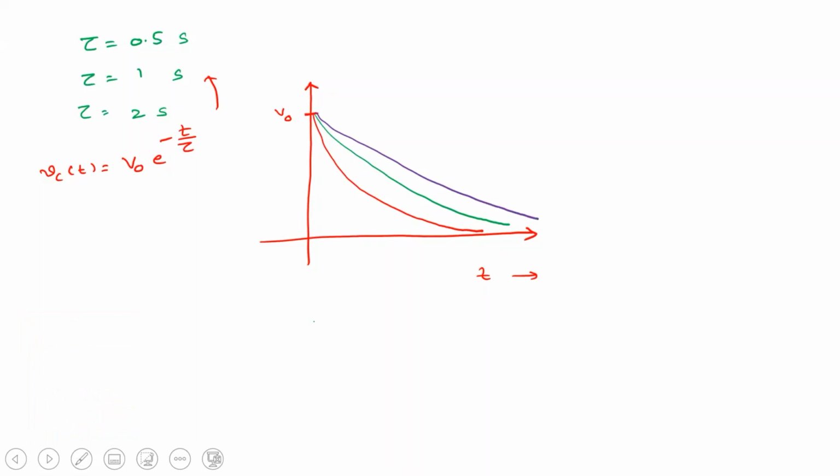Now tell me, which corresponds to 0.5 seconds, 1 second or 2 seconds? The red one is for 0.5 and the purple one is for 2 seconds. Why?